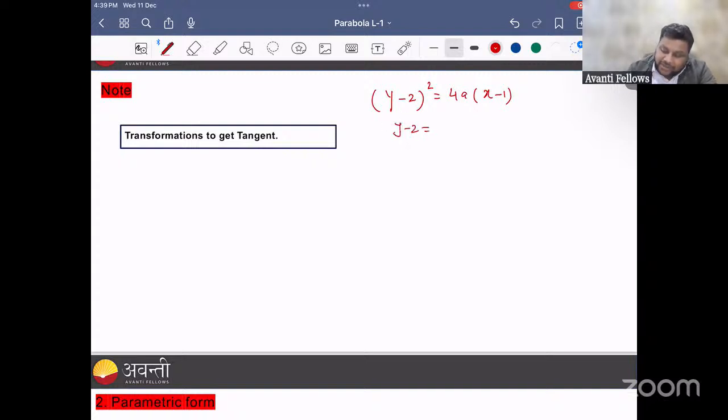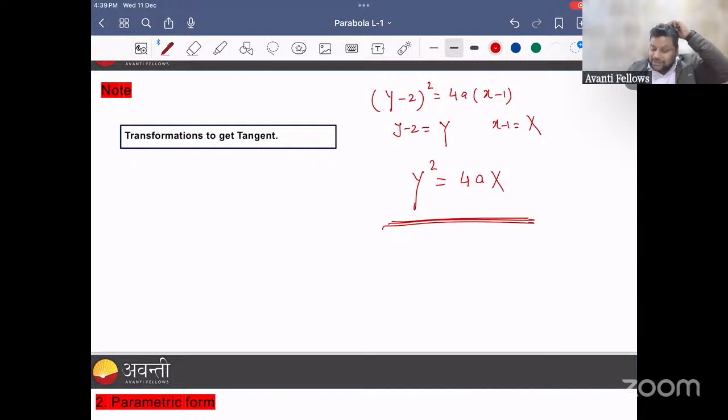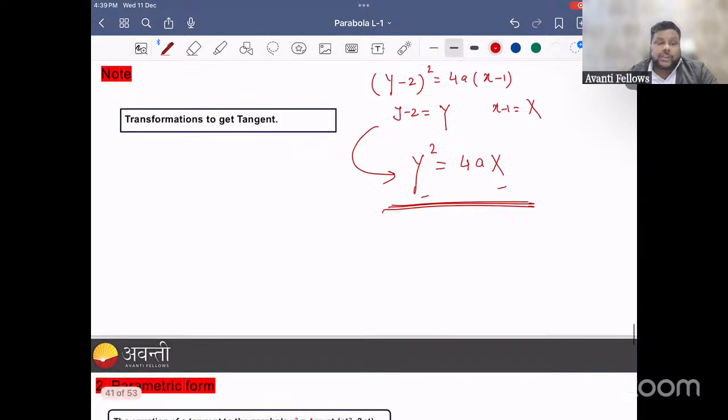We replace y minus 2 as capital Y and x minus 1 as capital X. So we will do Y square equals 4aX. Now write the tangent in this form and then finally substitute capital X and capital Y in terms of small x and small y. I'll teach you about this while we go through these points in some questions.